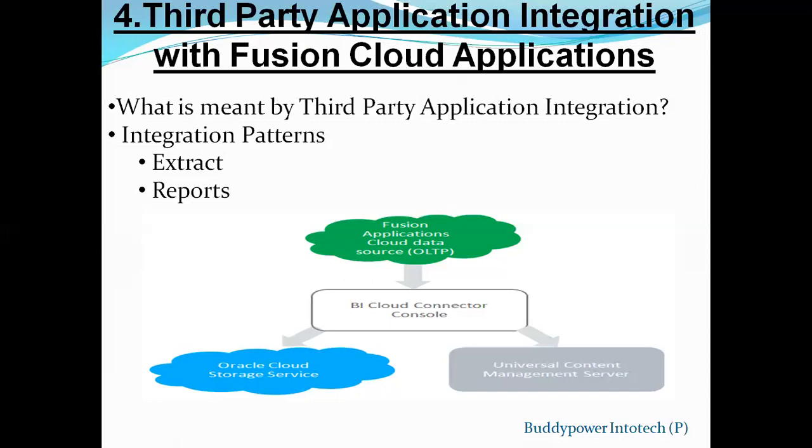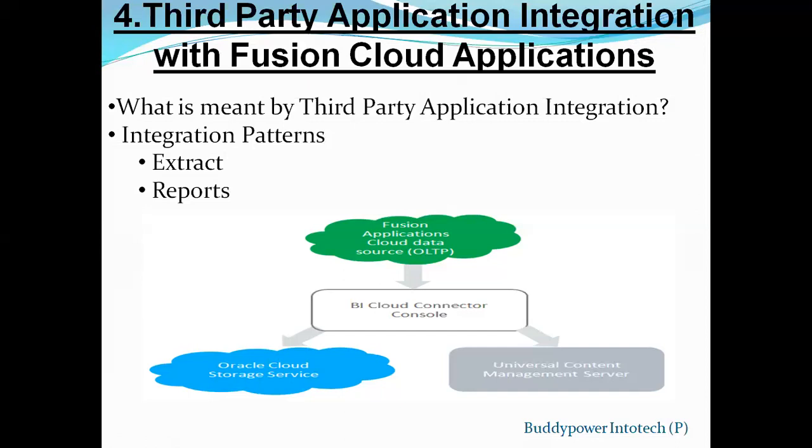What they will do is tie up with a third party. From the Fusion Application Cloud source, the data will be taken, and using this BI console, this data will automatically flow into the third-party application, where they will run a process.